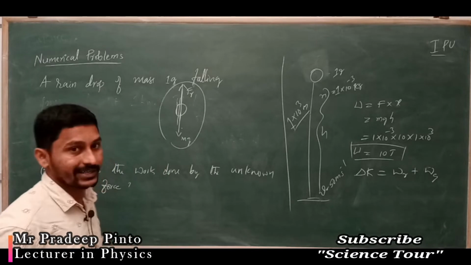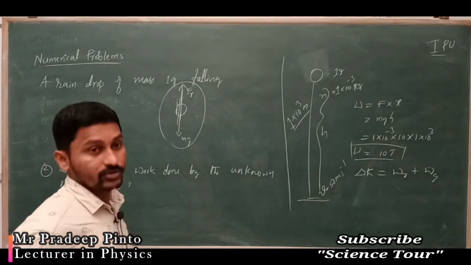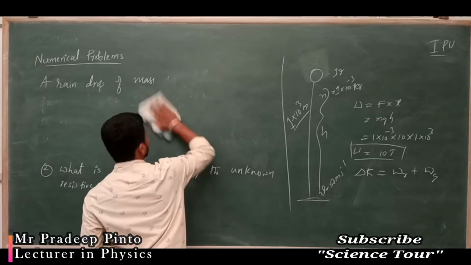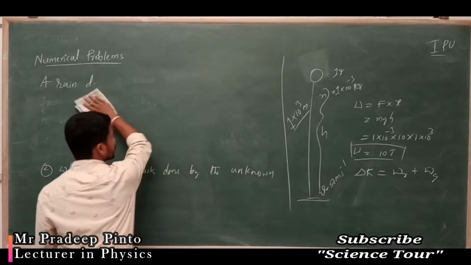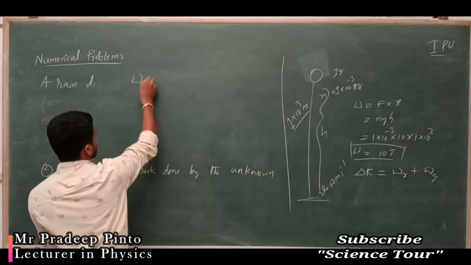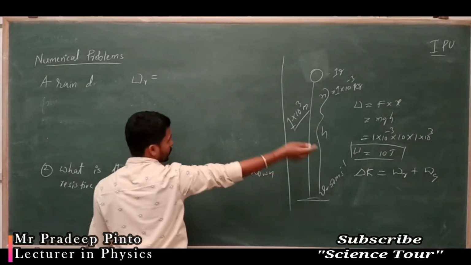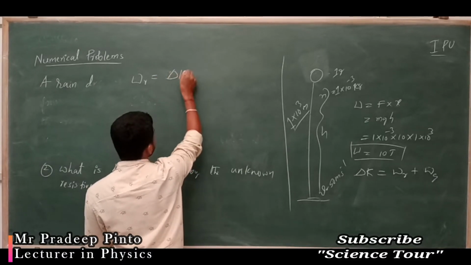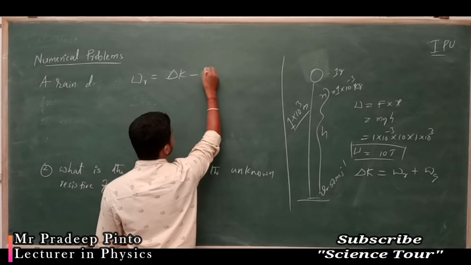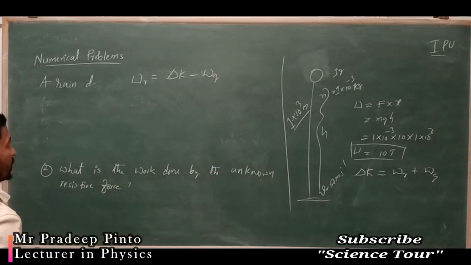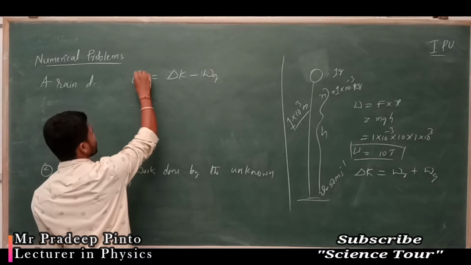Now we don't know what the resistive force is, so we can't calculate F into x directly. That's why we are going to consider the equation in such a way that the work done by the resistive force will be equal to delta K minus the work done by the gravitational force. But the resistive force we have to find out.